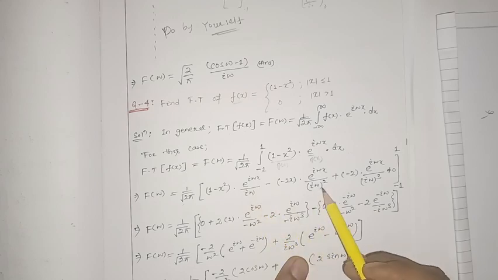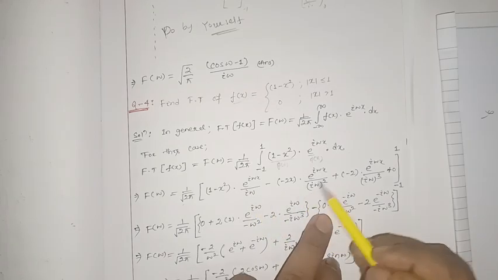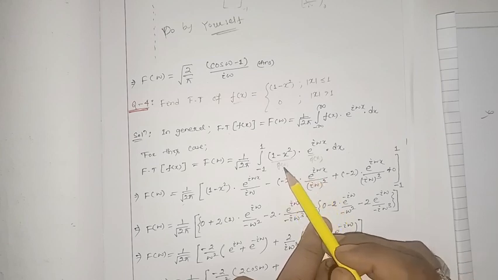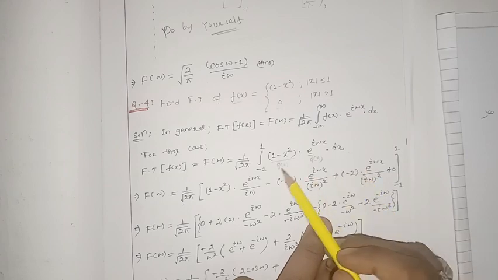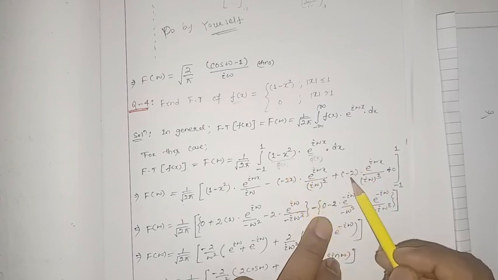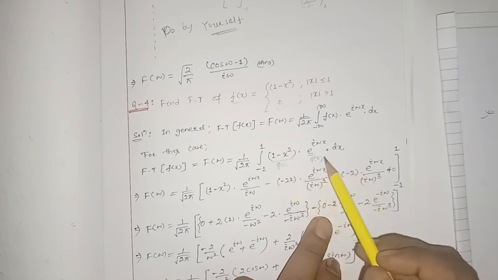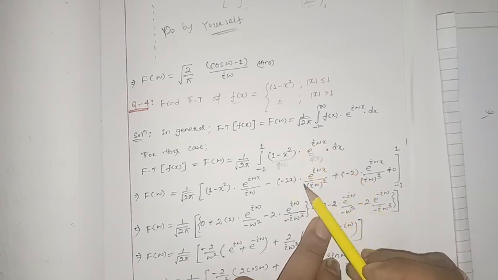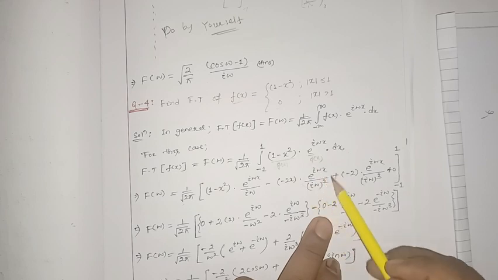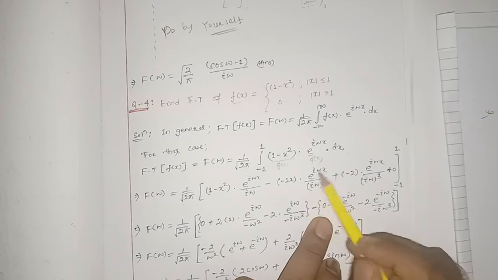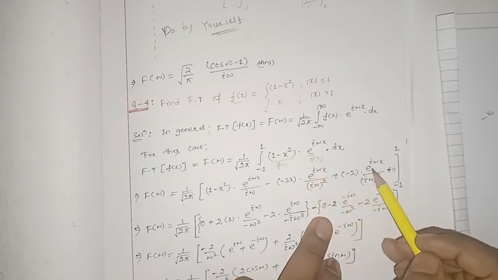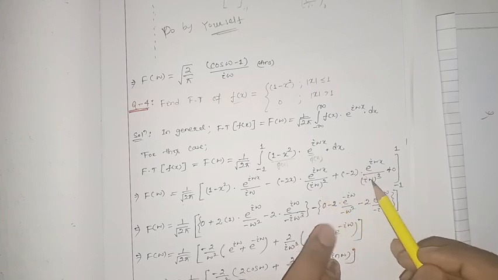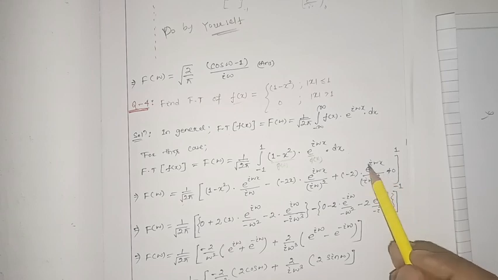Then that was the first derivative. If I take the second derivative of g(x), it will be just minus 2, and the triple integration of phi(x). We already have the double integration written here, so for the triple integration, another i omega is multiplied with the denominator, so e to the i omega x by i omega to the power 3.